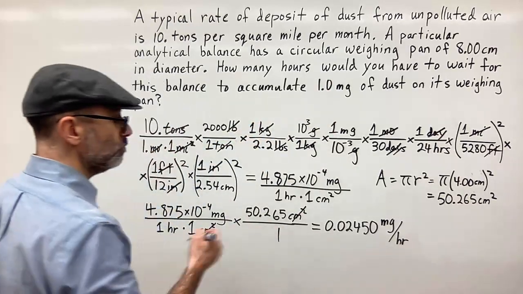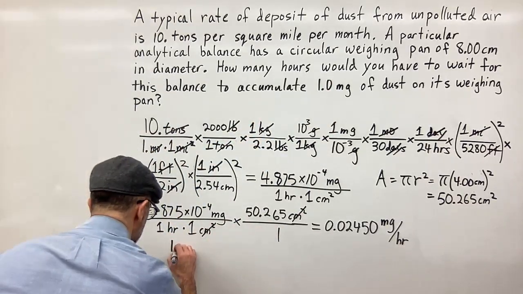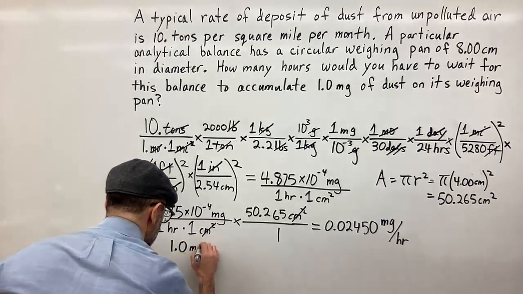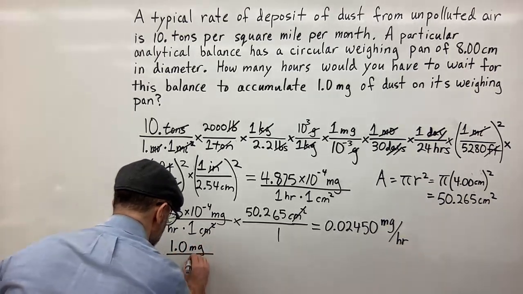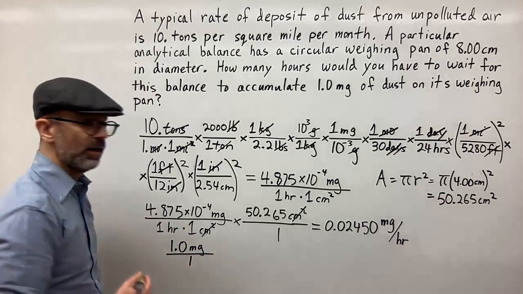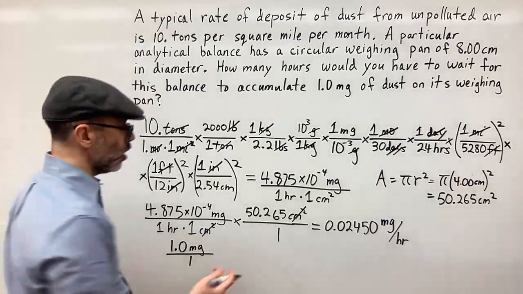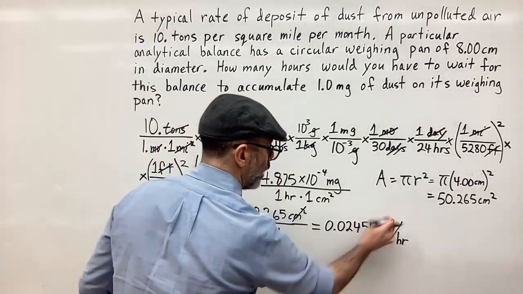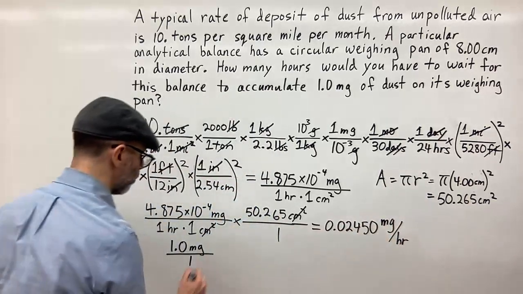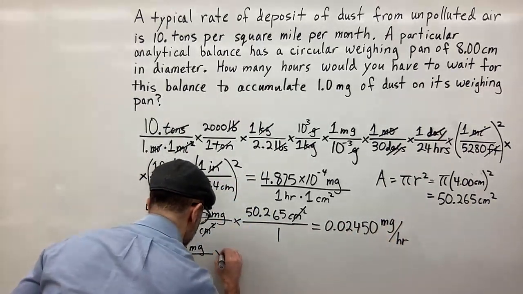So now I take 1.0 milligrams, that's what I want on the pan, and I want to know how long is that going to take. Well, use the rate, milligrams per hour, this many milligrams per hour. So I'm going to use that as a conversion factor.